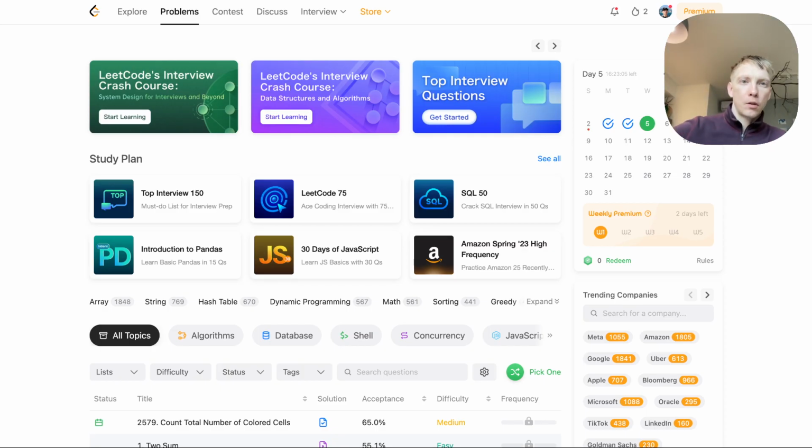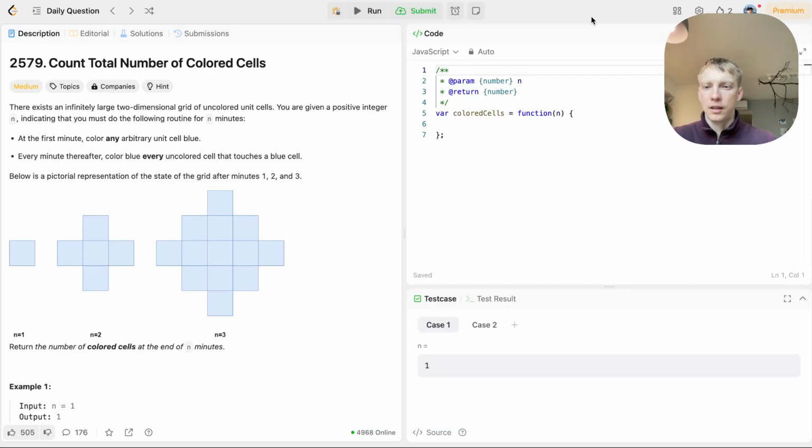It's 5th of March, and what do we have today in terms of LeetCode daily task? Wow, medium. Count total number of colored cells. Well, let's see. There exists an infinitely large two-dimensional grid of uncolored unit cells.